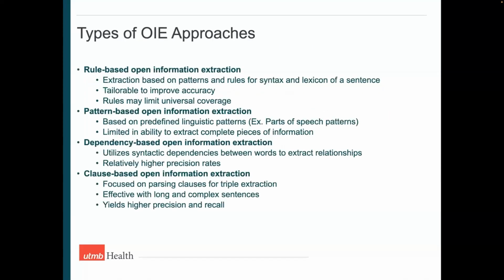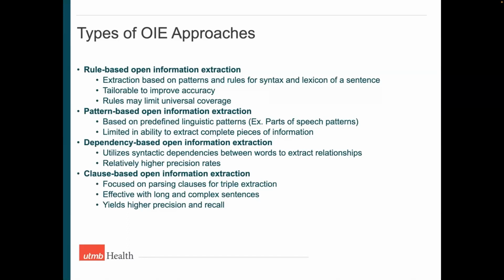Just to go over some basic OIE approaches, there are essentially four different types of open information extraction methods. I'll go over some of the basic ones just for introduction. A team of researchers from Microsoft proposed the initial concept of rule-based open information extraction.